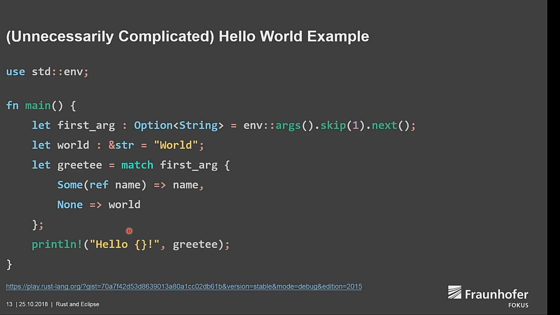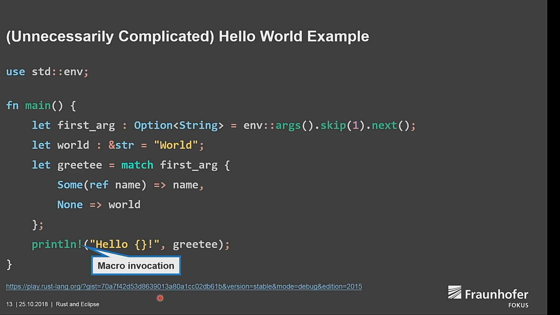And going further, we print this variable here, and you might ask, what is the bang here? The bang is a macro invocation. So macros are an enhancement over the macros that you may know from C and C++. They're hygienic. I don't know all the details about hygiene of macros, but what I know is it cannot interfere with the variables declared outside of this macro.